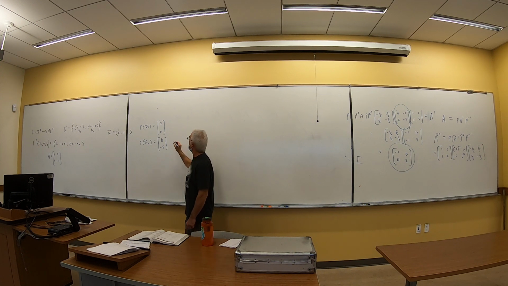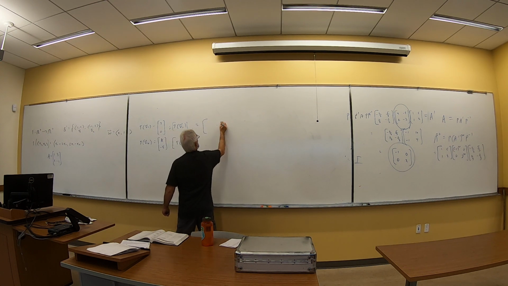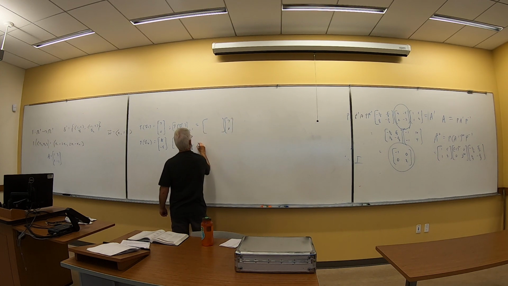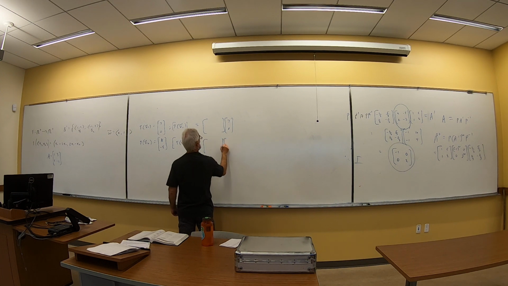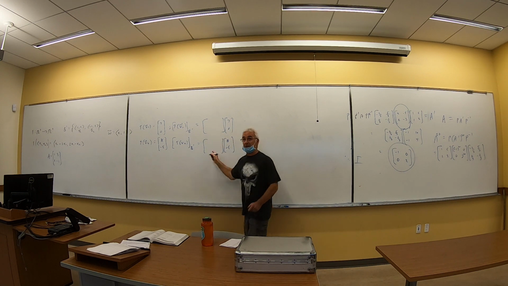Yes? Okay. We're not going to solve it like we did before. We're going to just go directly. I'm going to show you what we're going to do. What's going to go here? P inverse.